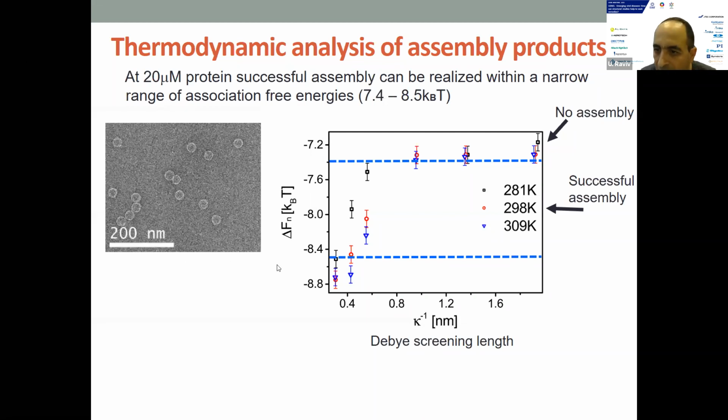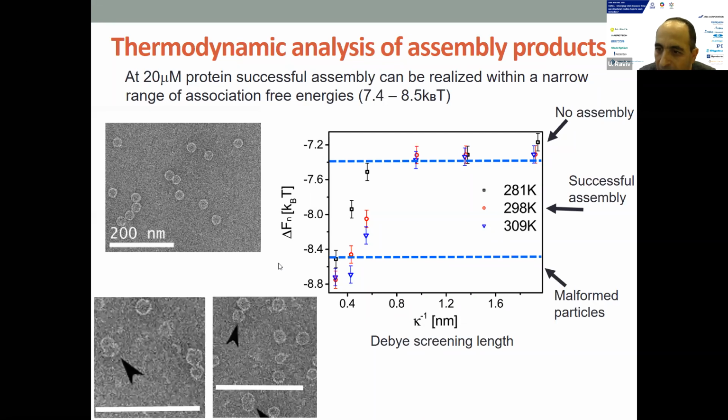You can also see it in the EM here. And when we went to too much salt, we started to get malformed particles, as you can see here in the EM. So assembly was not successful. So to answer the first question, how do the viruses manage to go through all the life cycle that requires assembly and disassembly?